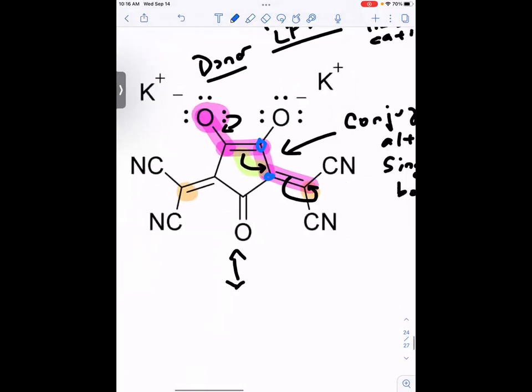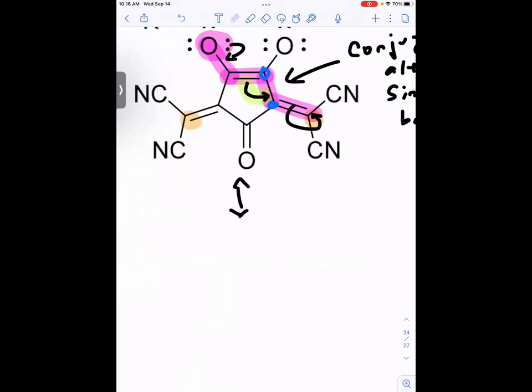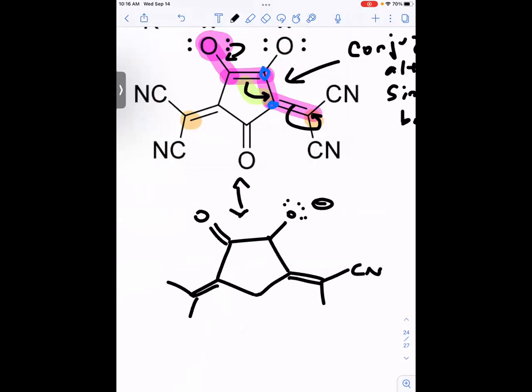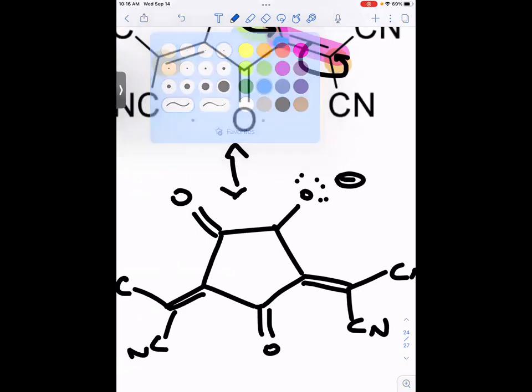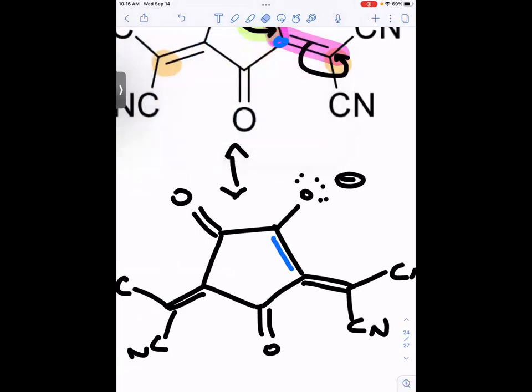So what does that mean? Right, if I put the arrow there between those two atoms, what it means is that I'm putting a pi bond there. So that's that, and then I need to break this one.